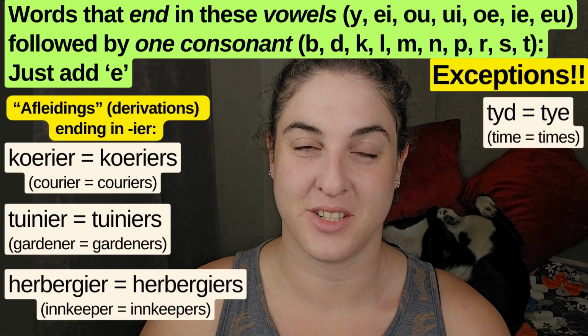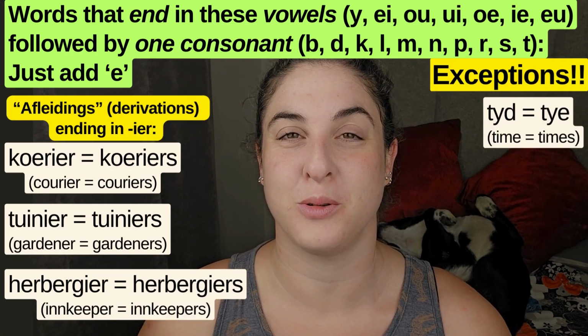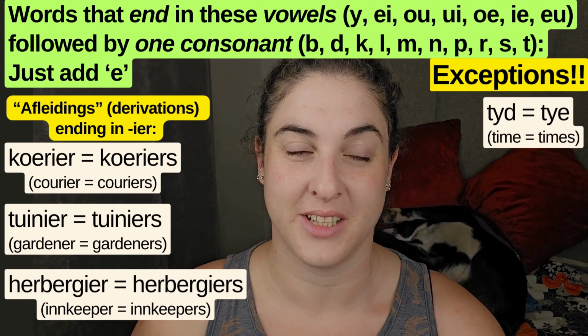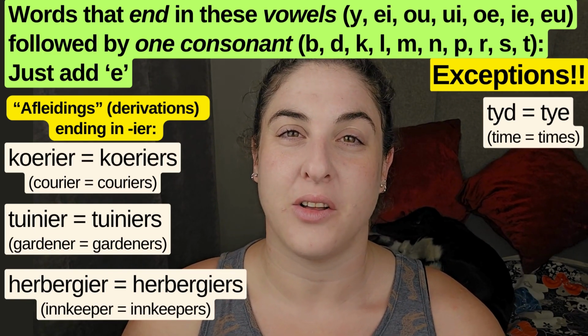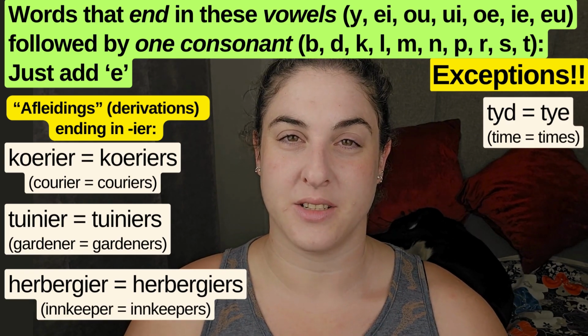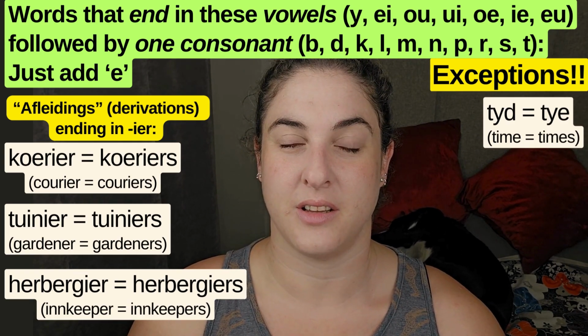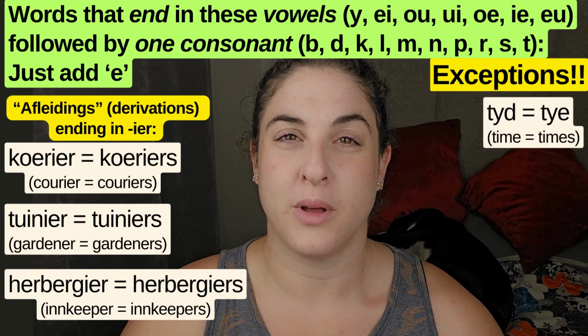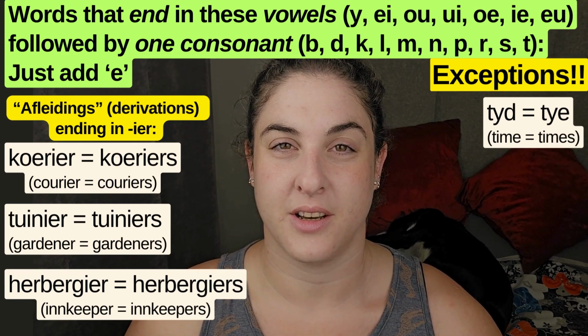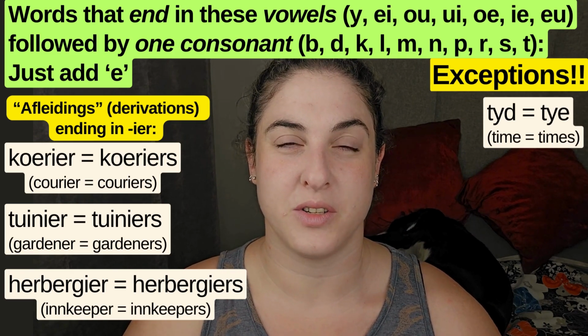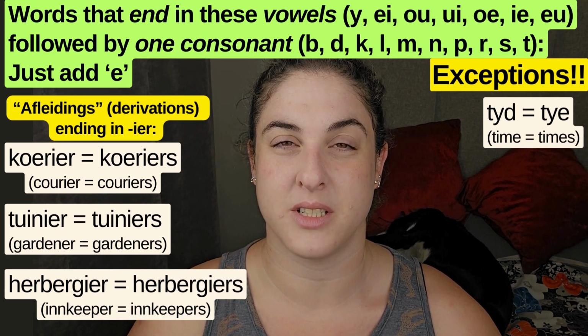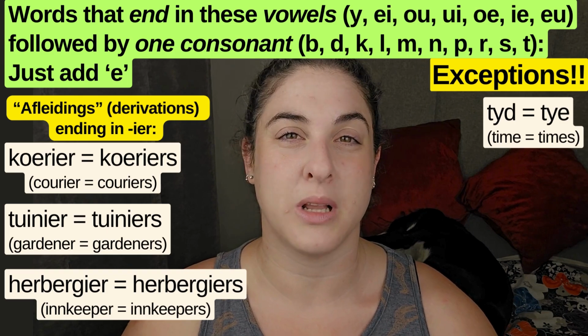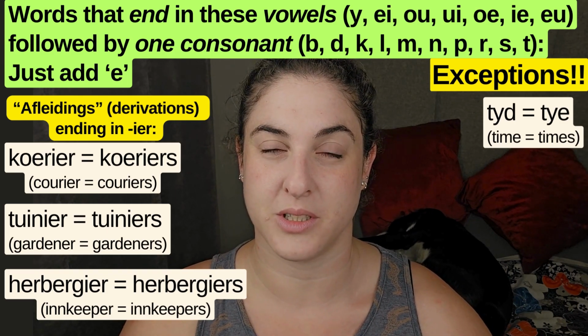The exceptions to the rule we've just spoken about. So on the left, you'll see afleidings, which is derivations. And these are words in Afrikaans formed from other words. You don't have to worry too much about that at the moment, the semantics, but I will advise learn these words. There are more.